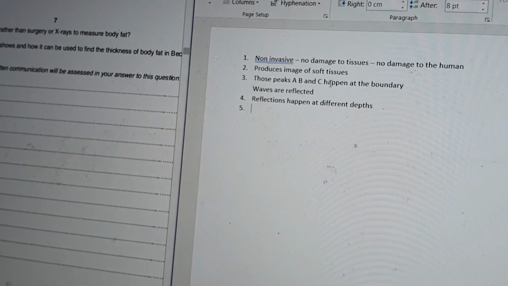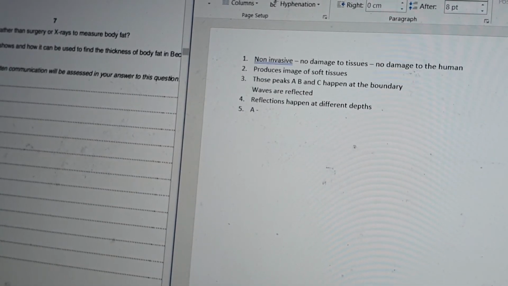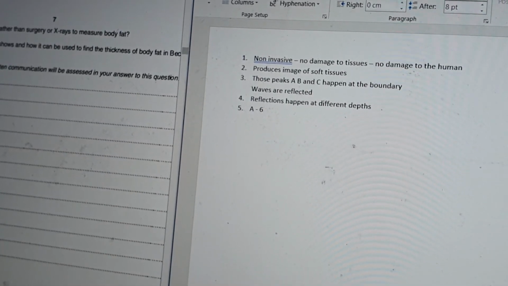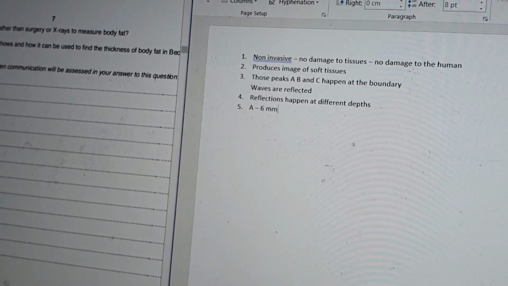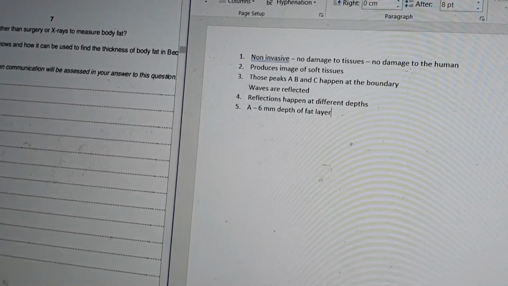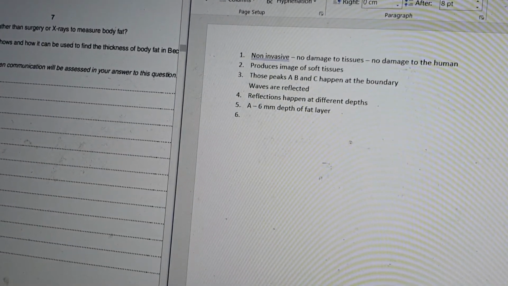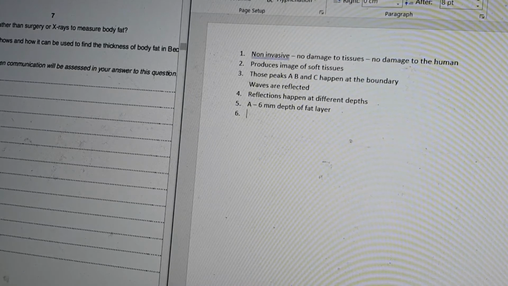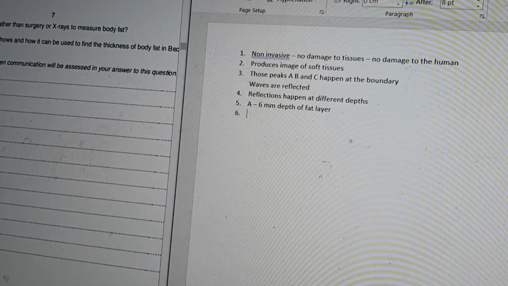And then you can talk about A, let's just say it's about 6 millimeters, and that was the depth of the fat layer. And what else can we say?